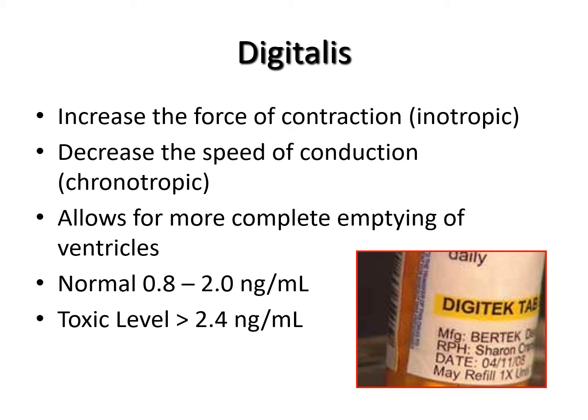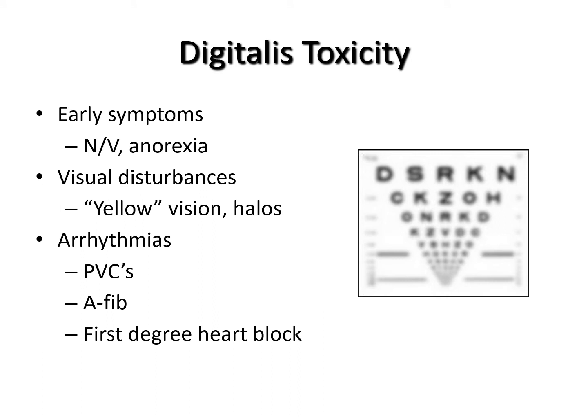We will now talk about the signs and symptoms of dig toxicity. The early symptoms are nausea, vomiting, and anorexia. In other words, GI symptoms. But one that we need to be familiar with is visual changes.